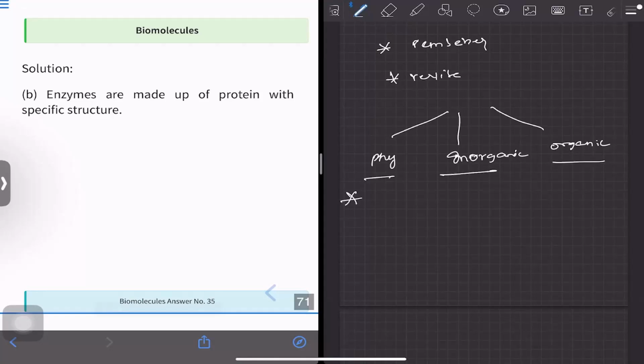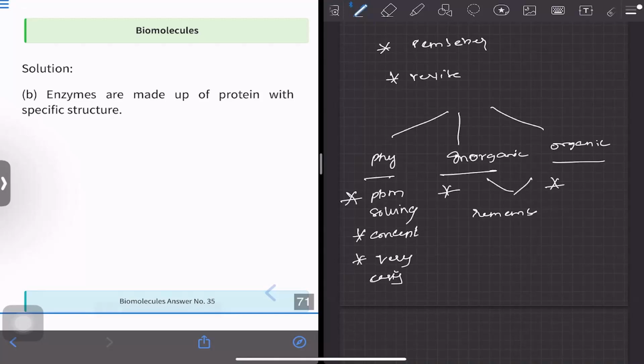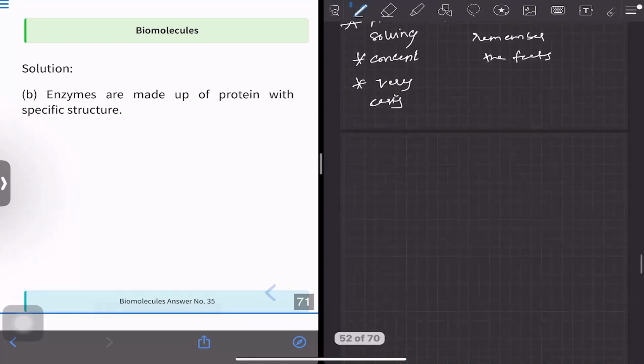Physical chemistry is just like problem solving, where you should understand the concept, and it is a very easy topic. You should not memorize everything, only the concept needs to be understood. In inorganic and organic, you have to remember the facts, which makes chemistry very scoring.